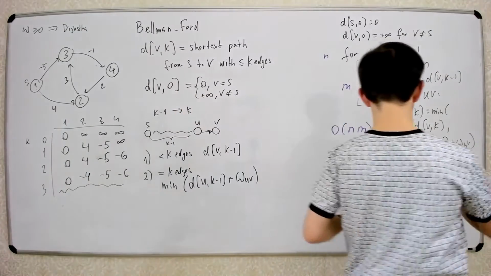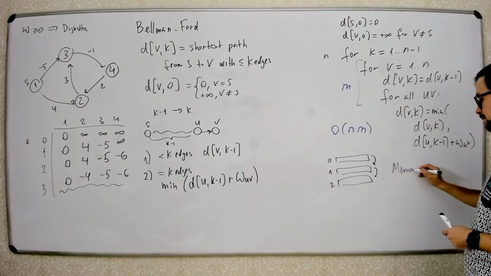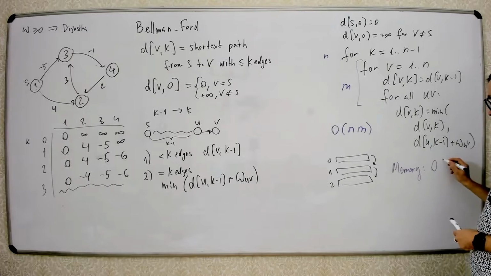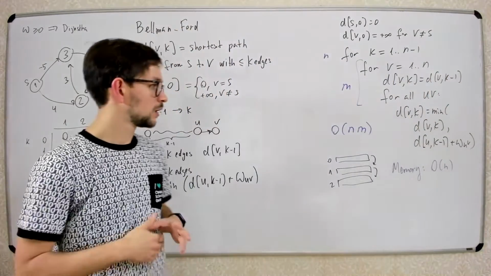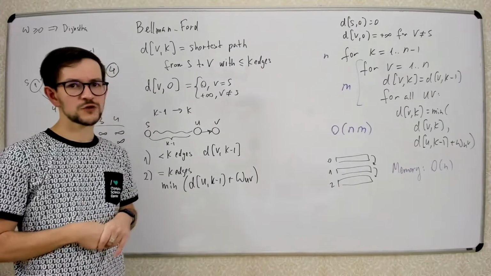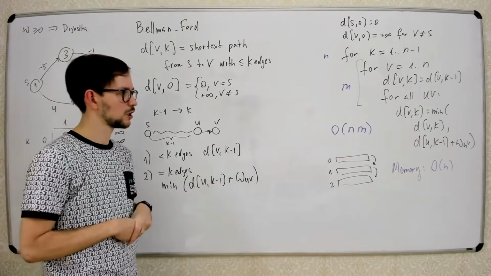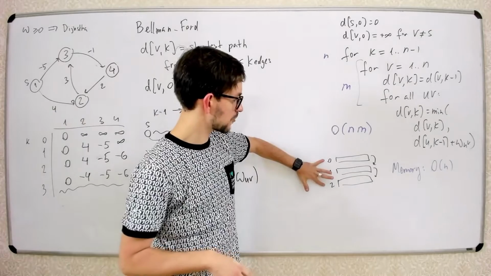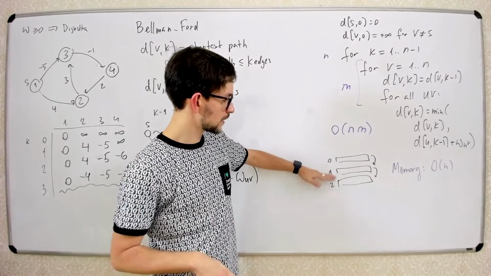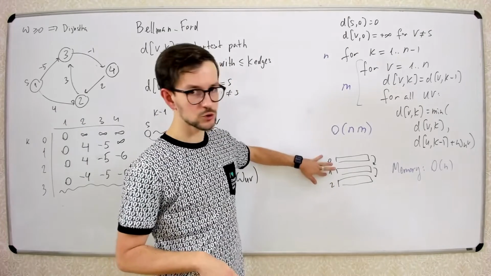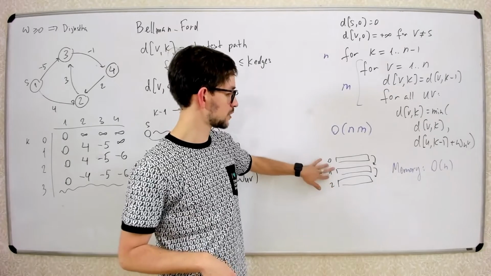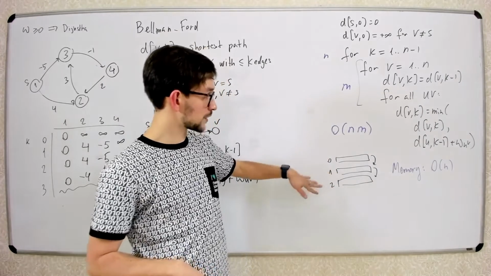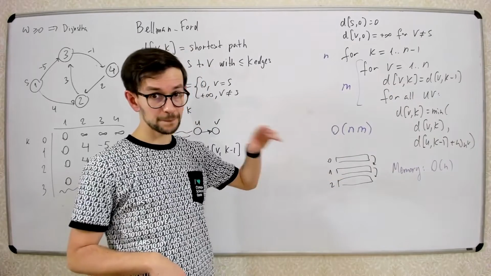The memory will be improved to linear. Well, that's a common trick for dynamic programming, actually. If you have this two-dimensional array and you only use the last few rows of your array, you can forget all the previous rows and only use these rows. So if you do it like this, you will improve the memory to linear.